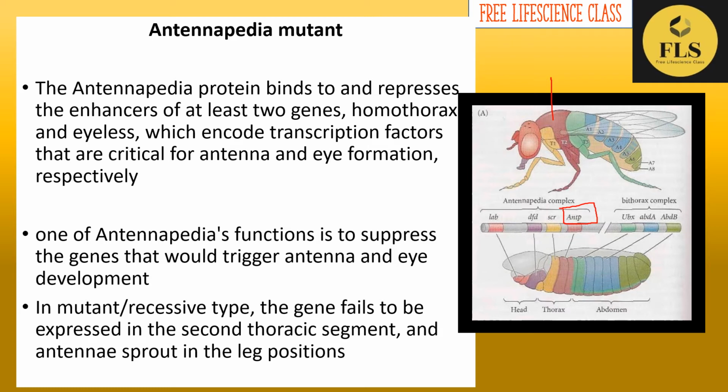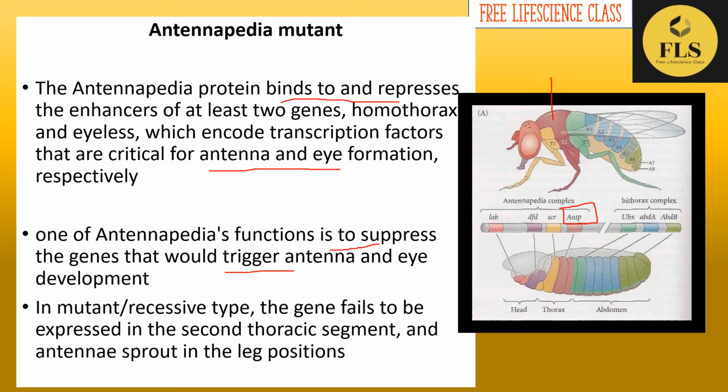The other function is that it will repress the genes which trigger the formation of antenna and eye development. The Antennapedia protein binds to and represses the enhancers of at least two genes, homothorax and eyeless, which encode the transcription factors critical for antenna and eye formation respectively.